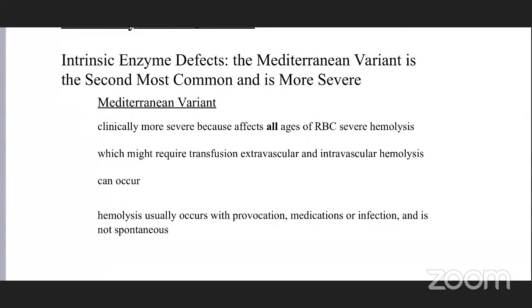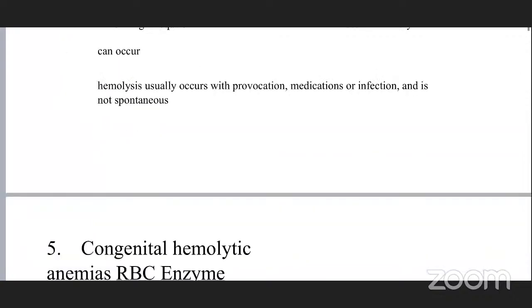This affects young RBCs and old RBCs, and is severe, which might require transfusion; extravascular and intravascular hemolysis can occur. Hemolysis usually occurs with provocation, medication, or infection, and is not spontaneous. So it needs some triggers to happen.